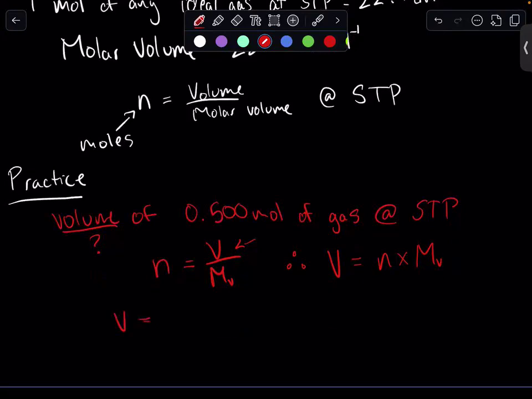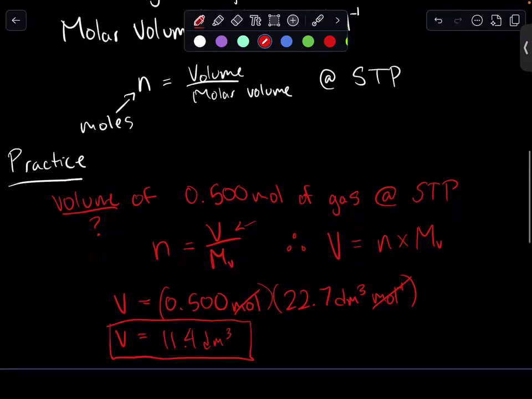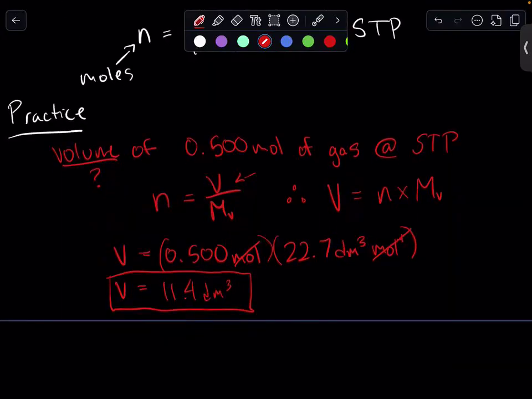Therefore, our volume is going to be 0.500 mole times the molar volume, which is 22.7 decimeters cubed per mole, or mole inverse. In this equation, our moles will cancel out, and we will get a total volume of 11.4 decimeters cubed. So any half mole of gas at STP will take up 11.4 decimeters cubed. So this is how we can use it. We can find the volume of a gas at STP.